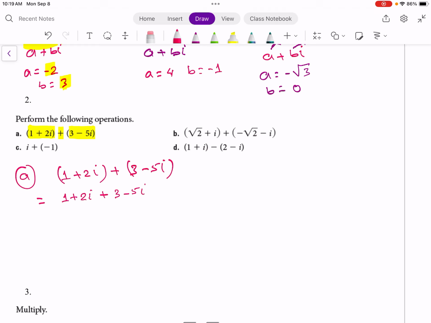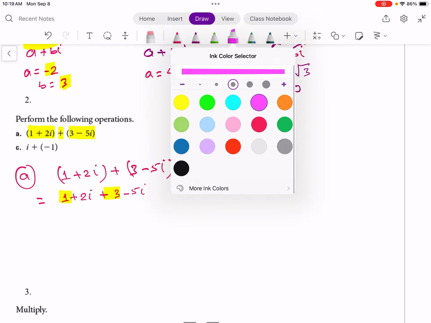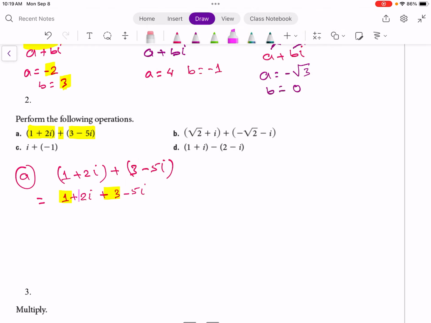Now, whenever you are adding or subtracting complex numbers, we add the real parts together and the imaginary parts together. Here, what are the real parts? Positive 1 and positive 3. And what are the imaginary parts? Positive 2i and negative 5i.